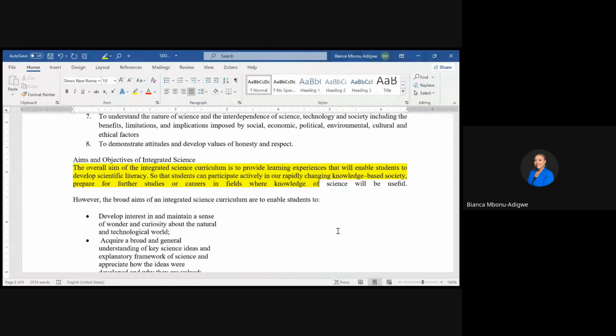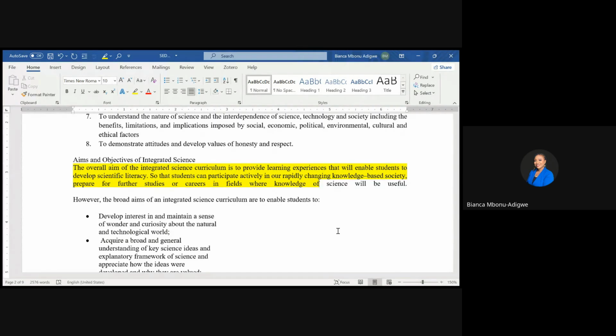Just imagine that we do not have basic science, and all of a sudden, you are told to do chemistry, physics, biology, and you have never even heard about the atom. You have never heard about chemicals, because we teach chemicals in basic science. We teach atom, we teach genetics in basic science. From primary school, they do genetics, they do family traits. In junior secondary, they repeat these things in a higher form.